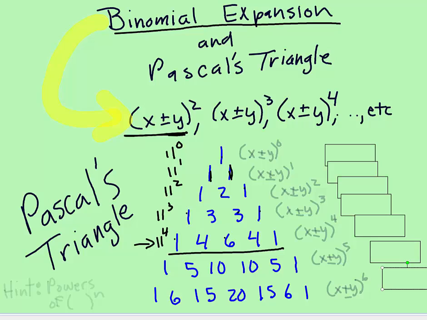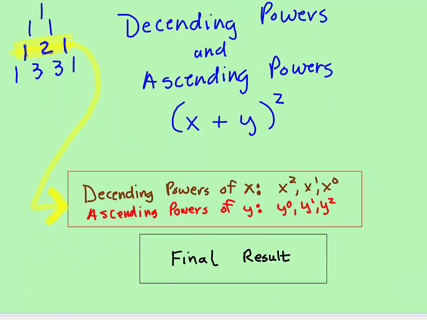All right, then here are some things that you need to know. Pascal's triangle ends up being the coefficients. So when you square something, remember, when you square that, x times x is x squared. x times y is xy, but then y times x is xy.